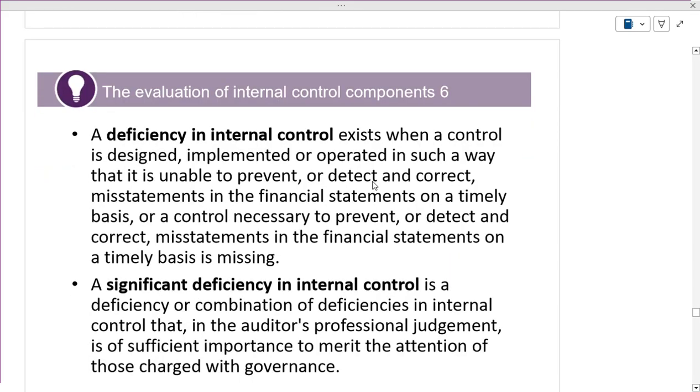There are two things: one is deficiency, one is significant deficiency.